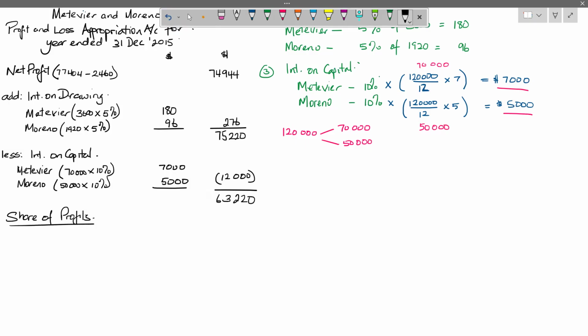Now, because it was silent on the share of profits, we said that we will be sharing things equally amongst the partners. Right?